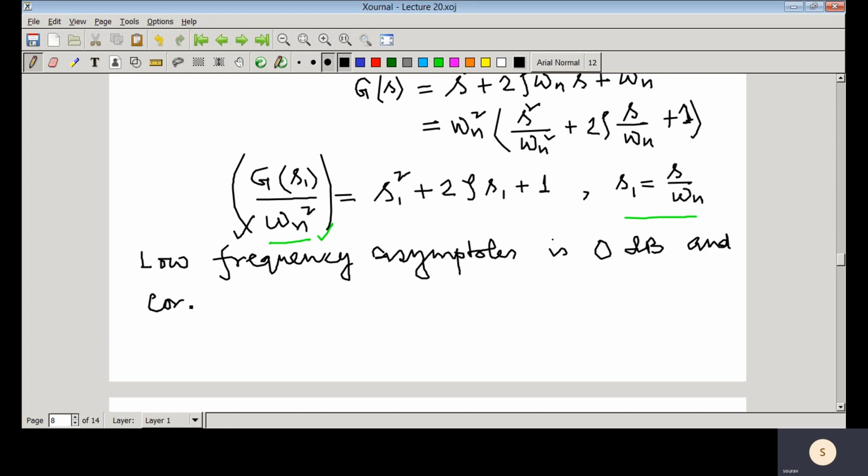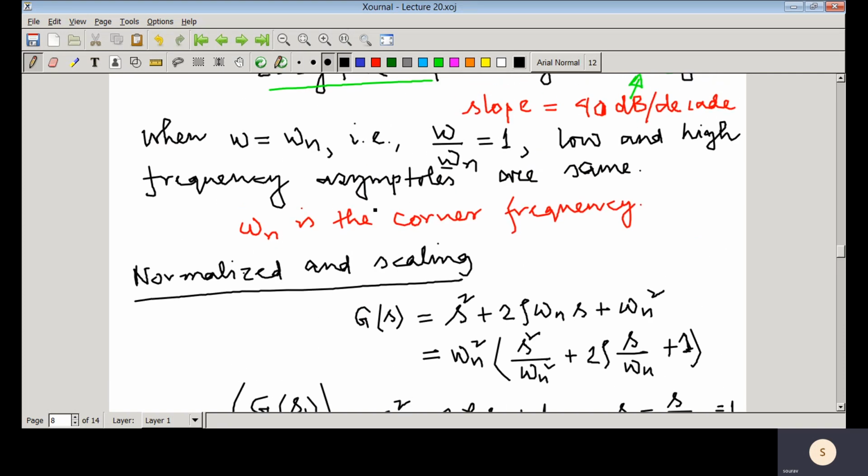And the corner frequency, in this particular case, is coming out as 1. Corner frequency is 1 means whenever s1 equal to 1, s equal to omega n, and it is matching with this, so omega n is the corner frequency.